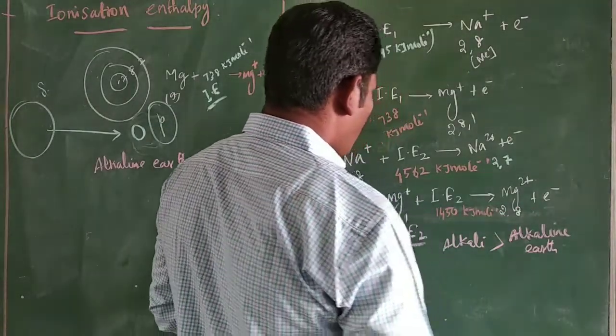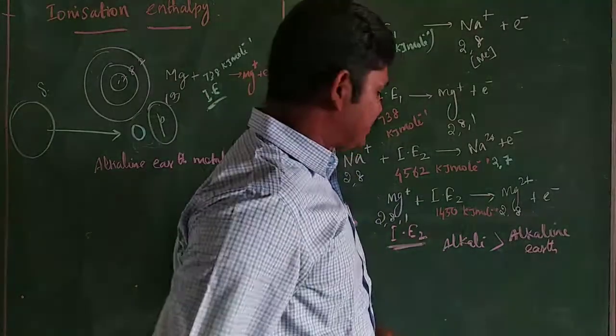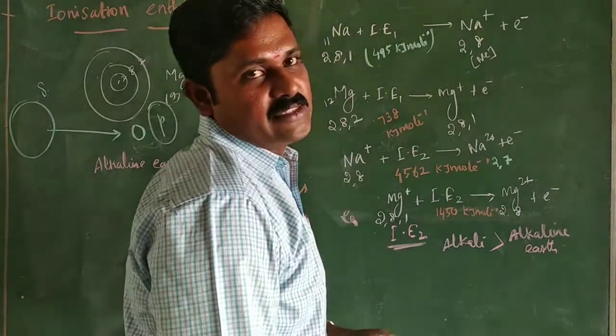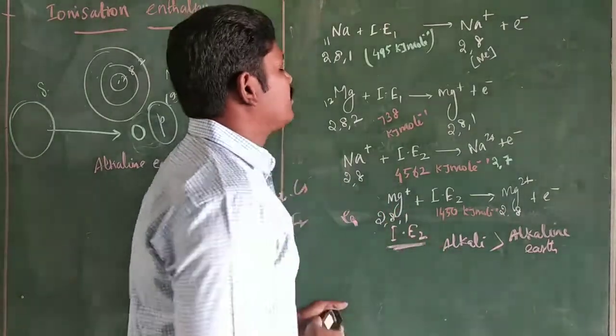So the second ionization energy of alkaline earth metals is lesser than that of alkali metals. Do you understand?